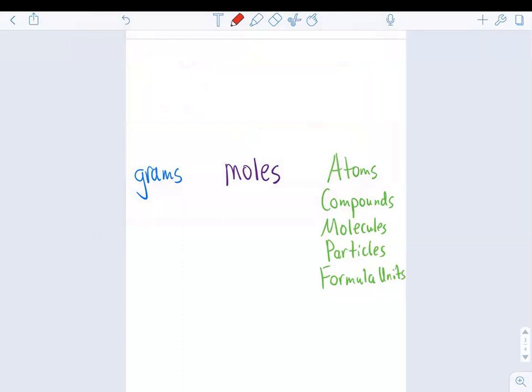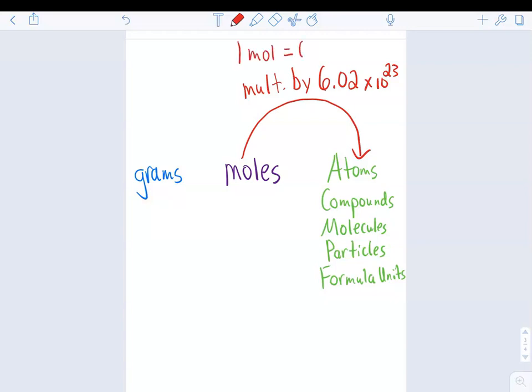If I am going from moles to any of these atoms, compounds, whatever, then I'm going to multiply by Avogadro's number. That's 6.02 times 10 raised to the 23rd. Okay? And whenever I do that, my conversion factor will be that 1 mole equals 6.02 times 10 raised to the 23rd, whatever.